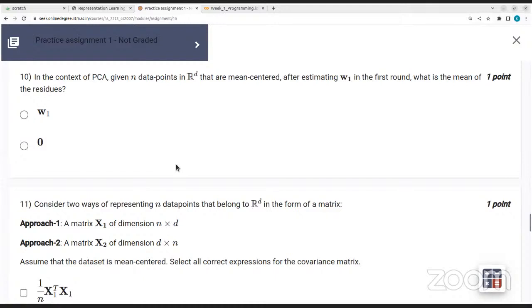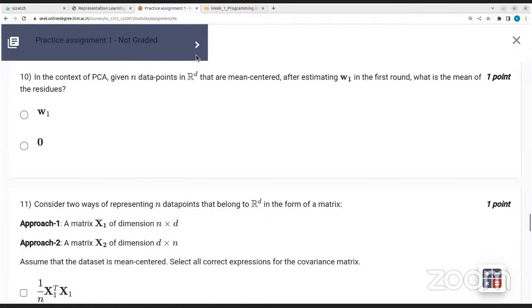Excuse me, sir. While we talked about compression, you said that we needed k times d values after doing PCA. You said that we need k times d values for the principal components.